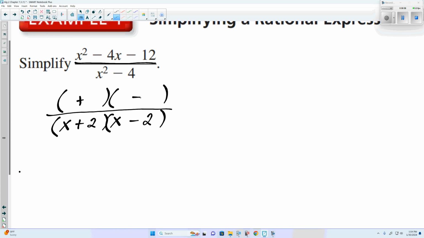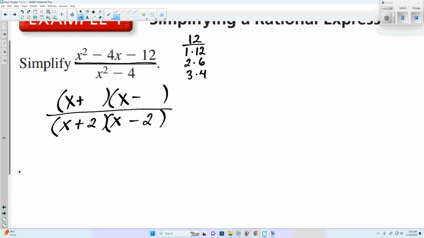Factors of x squared are x and x. There is not a greatest common factor that we can pull out. So we can move on to our 2 sets of parentheses. Now at this point, our factors of 12 are 1 and 12, 2 and 6, 3 and 4.